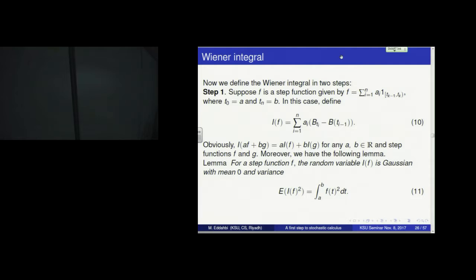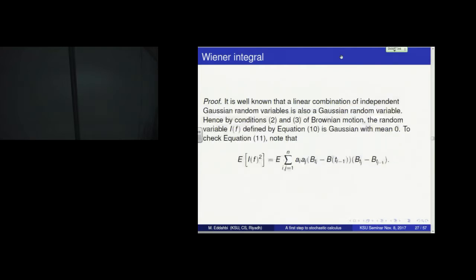Maybe this requires some calculations to prove, but it is very simple, so I won't go into the details. The square here is exactly the expectation of that one. I just take two different indices, take the product of the summations, so I repeat the summation with different indices, then develop this, take expectation inside and do some calculations, but it works.